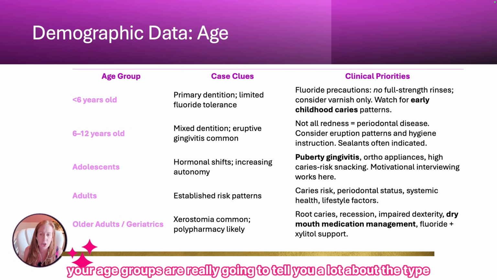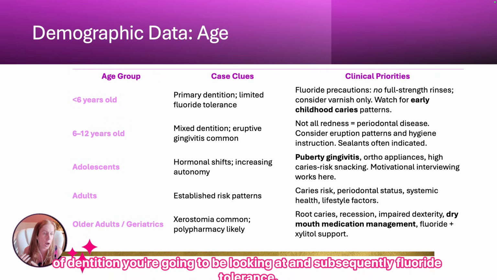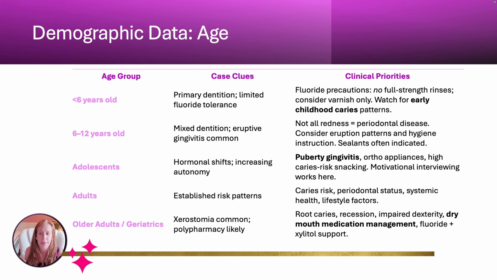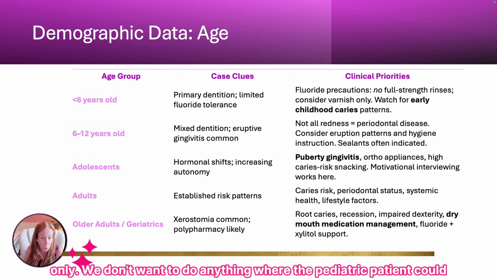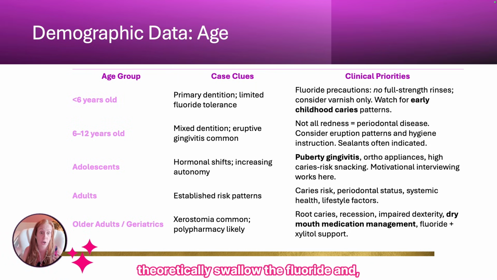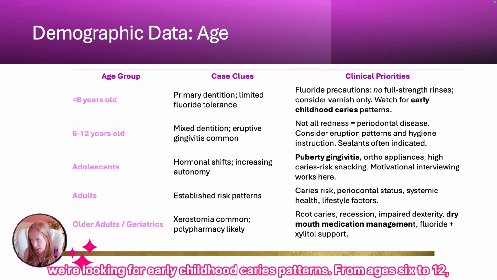Again, your age groups are really going to tell you a lot about the type of dentition you're going to be looking at, and subsequently fluoride tolerance. So know that a child under the age of 6, we're looking at varnishes only. We don't want to do anything where the pediatric patient could theoretically swallow the fluoride, and we're looking for early childhood caries patterns.